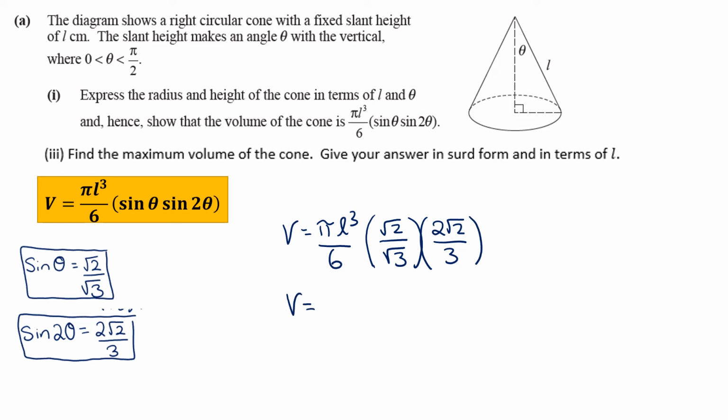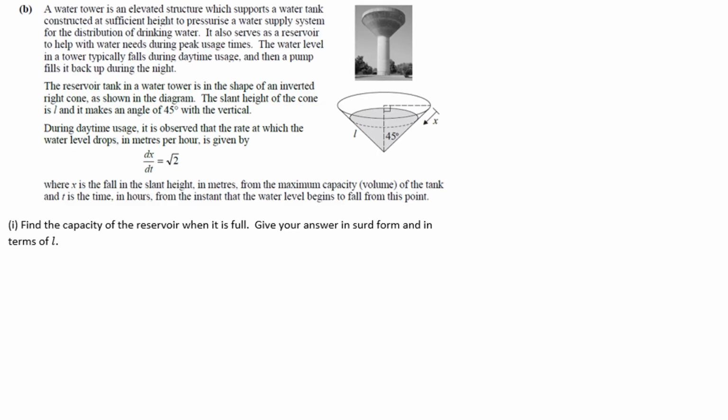So root 2 by root 2 is 2. So I get 4 pi L cubed on the top line, and then I get 18 root 3 on the bottom. I can simplify by dividing 2 into the top and into the bottom. So I end up with 9 root 3, and that's my volume.